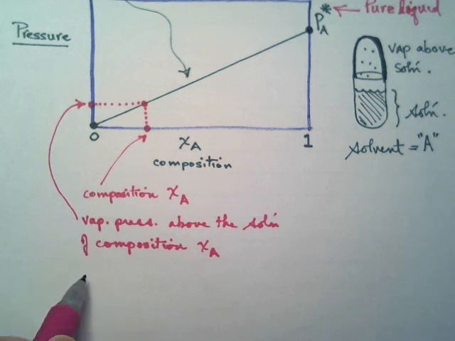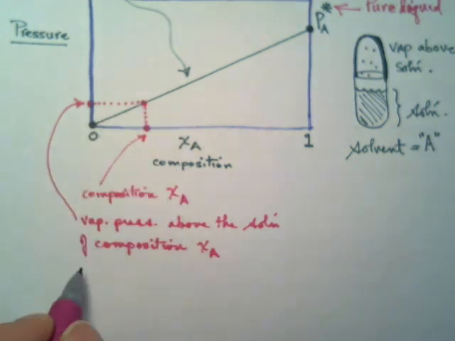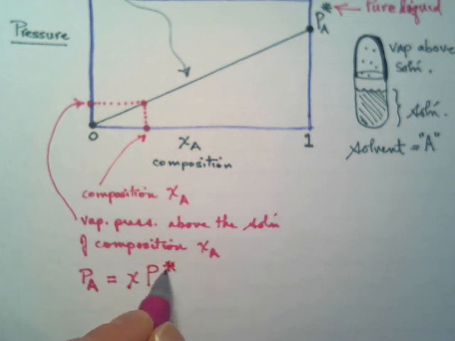And so these are all vapor pressures above the solution, and I can say that that vapor pressure above the solution is equal to a fraction, mole fraction, of what it would be as a pure liquid. Got it?